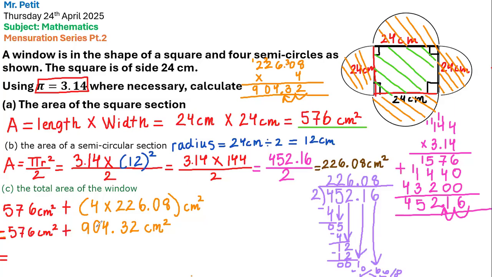What y'all got for that? 1,480.32. Centimeters squared.